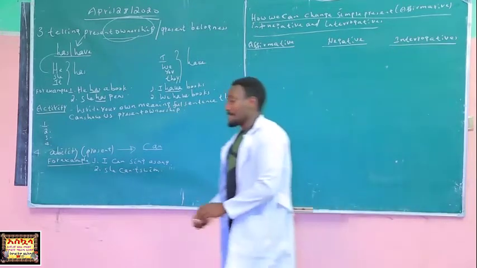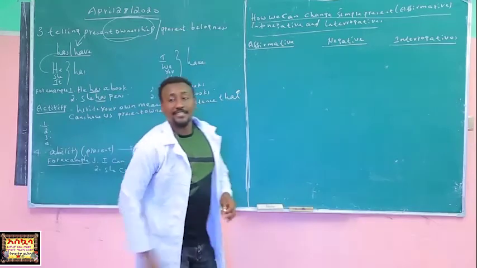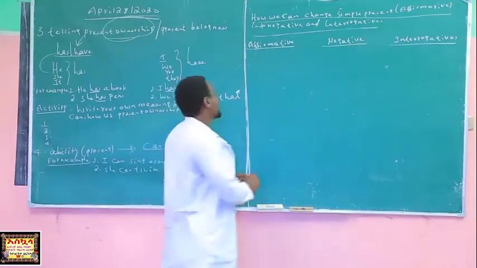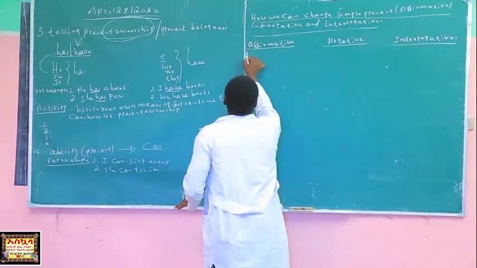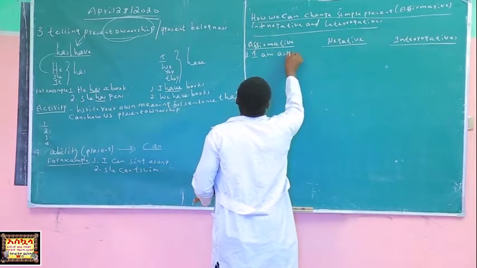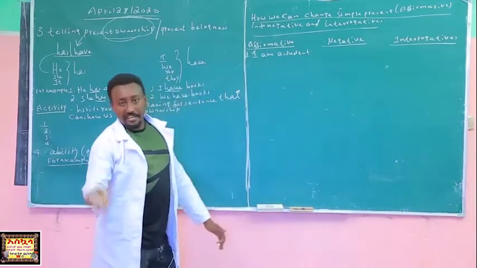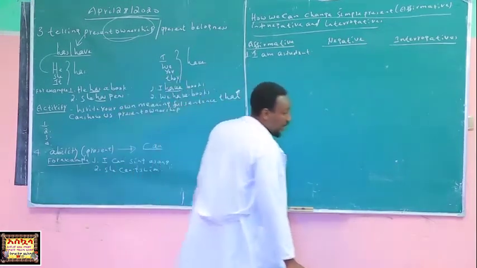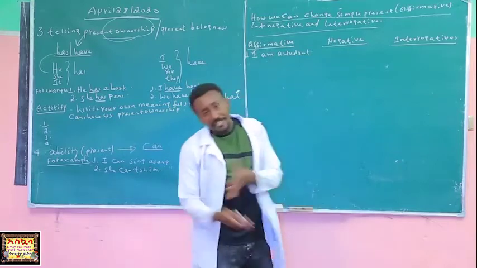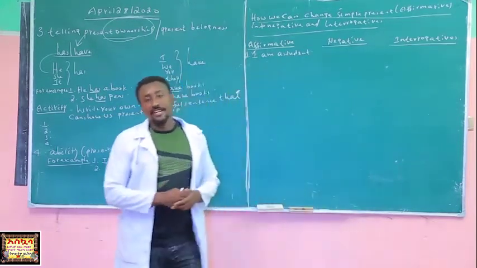Interrogatives. Excellent. Now, let me write sentences randomly. I am a student. This is affirmative. You can give me different examples. At home, you can write your own affirmative sentences and change them into negative and interrogative.